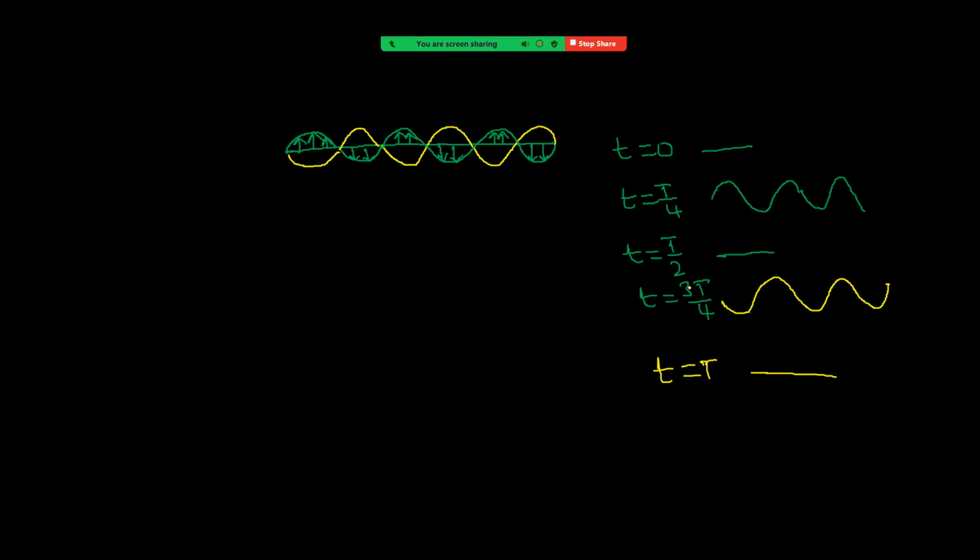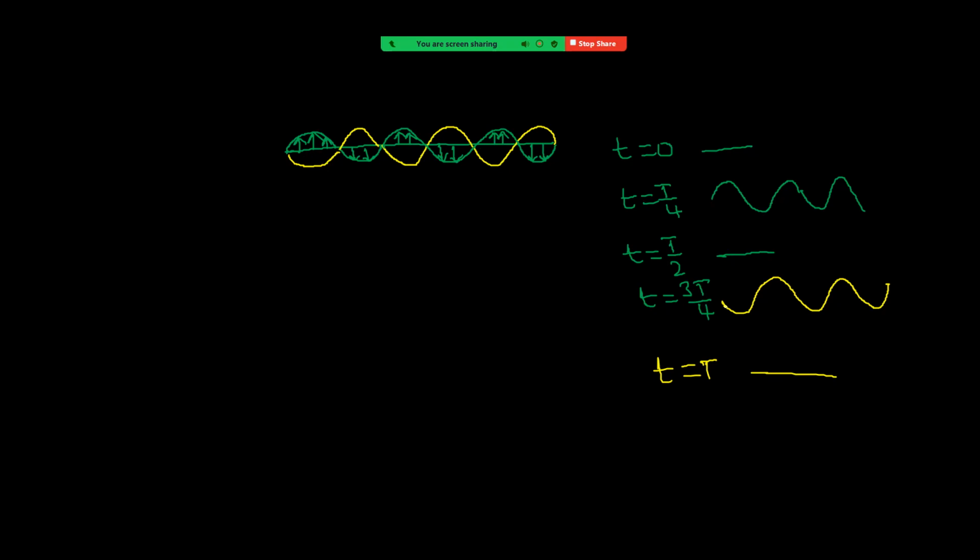And when t equal to 3T by 4, now they are completing 3/4 oscillation. That means in the first loop, they move to the lower extreme. Second loop, they move to the positive extreme. Third loop, they are moving to the lower extreme like this.